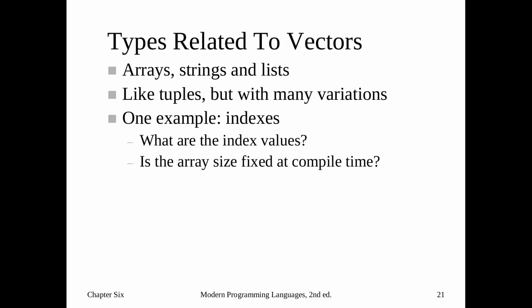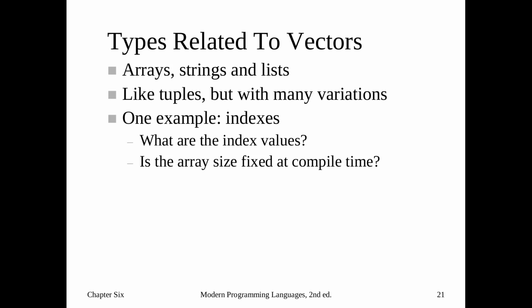Typically vectors tend to be a single type, whereas tuples could be multiple types. If we think about a struct, which is a tuple, the one that we saw for C had 2 strings in there, but in reality we could probably put in whatever we want, including another struct.